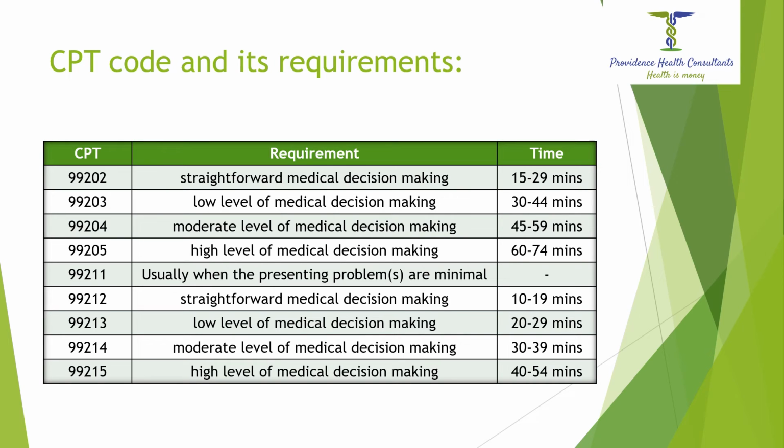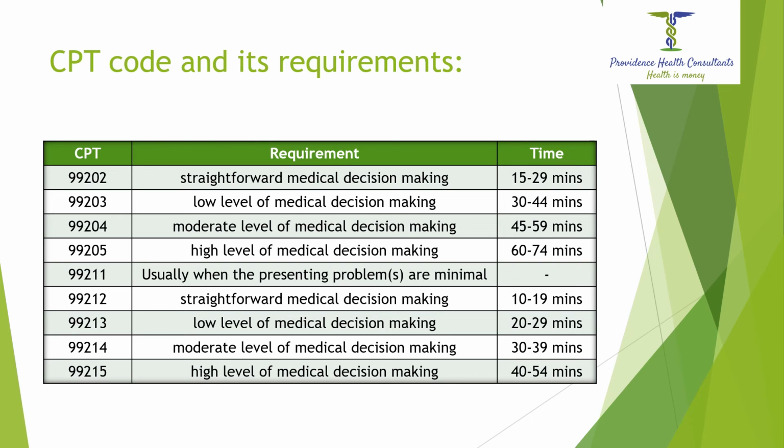So this is the time that can be considered for each particular CPT. For 99202, if the document supports that the patient is new and the provider mentions 25 minutes, we can go for level 202. And for 203, if the provider mentions the total time spent with the patient as 42 minutes or 43 minutes, till 44 minutes, we can go with level 203.